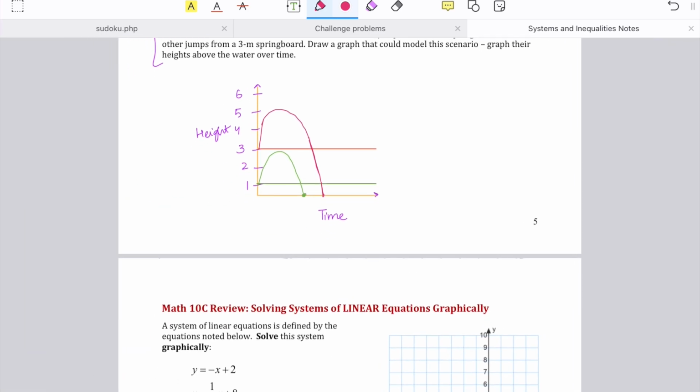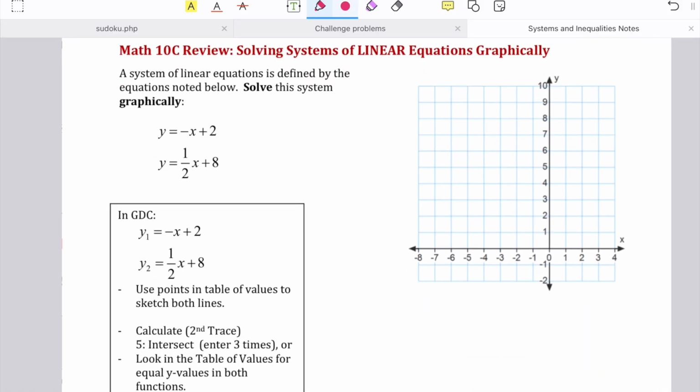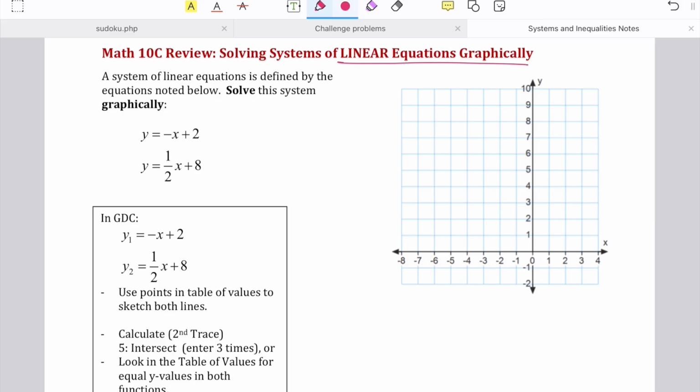Okay. Now we're doing some 10C review stuff, so that things come back to you guys. We are reviewing how to solve linear equations graphically. This is something you guys have done in grade 10 when 2 equations were given to you and you were supposed to figure out their solution. And what is the solution when 2 equations are given to you?